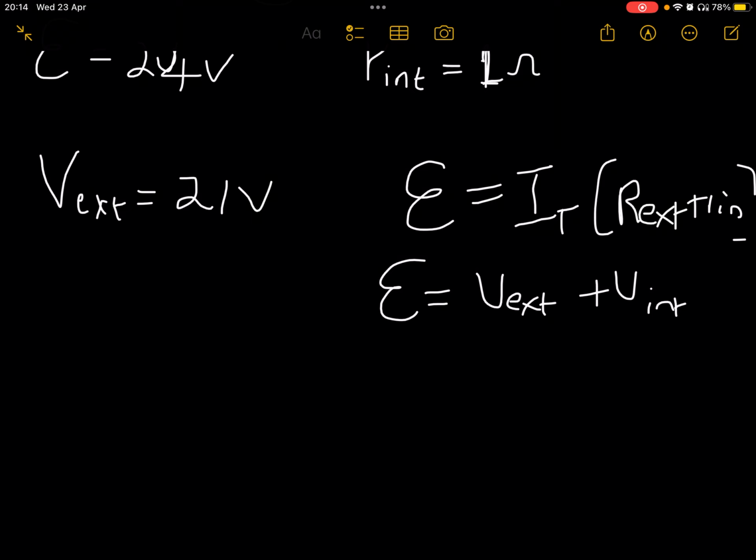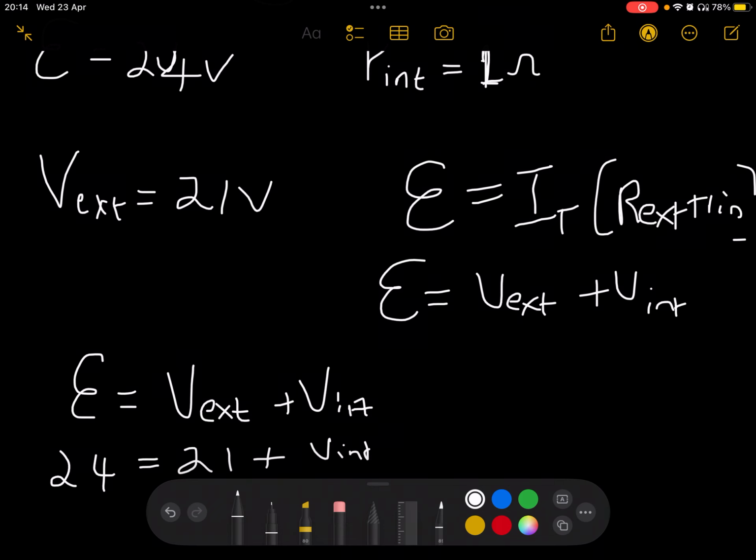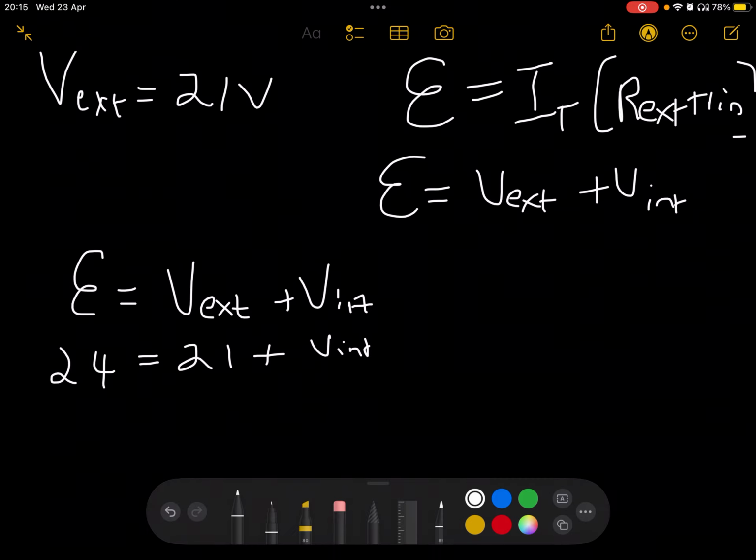All right, now we are given E, we're given R internal, we're given V external. So we can use the formula that says E is equal to V external plus V internal. This is 24 is equal to 21 plus V internal, and thus it will give us V internal of 3 volts.